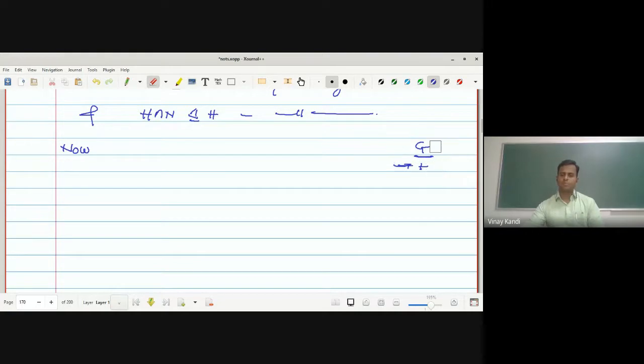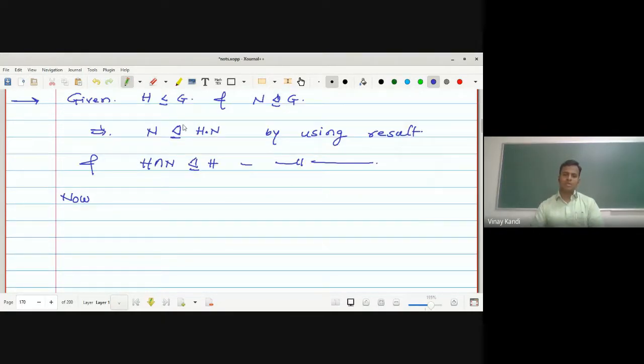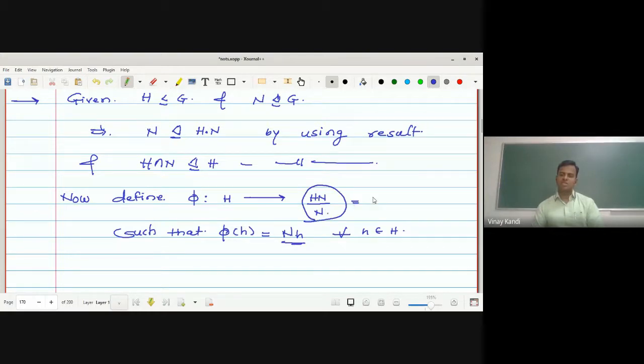So here N is a normal subgroup of HN. So we can define a mapping phi from H to HN divided by N such that phi of h, input is small h, is equal to N h, for all h belonging to capital H. Is this output in this group? Yes.